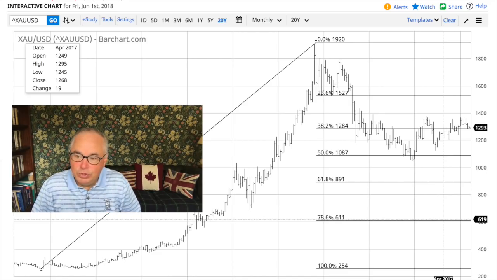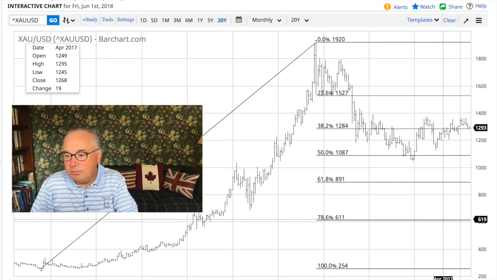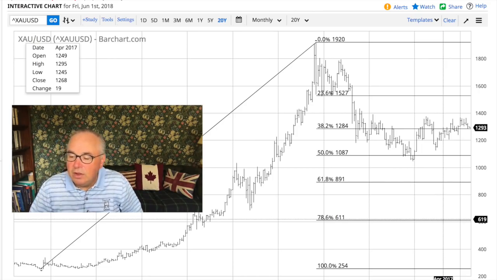And I've done a retracement or Fibonacci analysis of the whole move from just under 255, around 254, to the high of 1920 in 2011. And what you get here is the retracement, the 50% retracement you can see is at 1087. We went down to 1046, of course, in the end of 2015, which breached the 50%, but it recovered right away above that level.